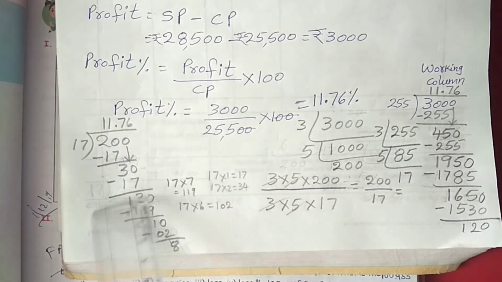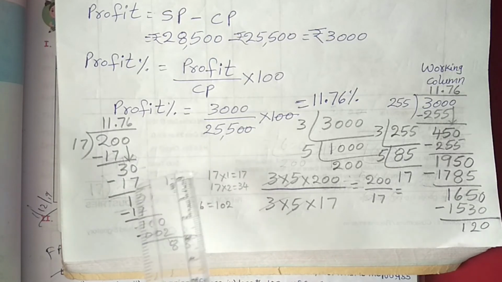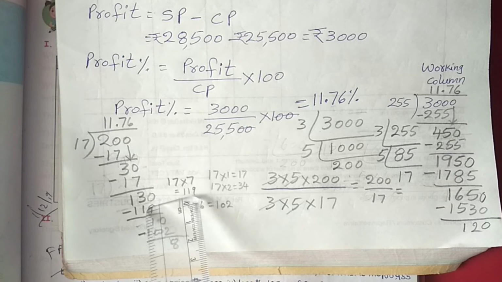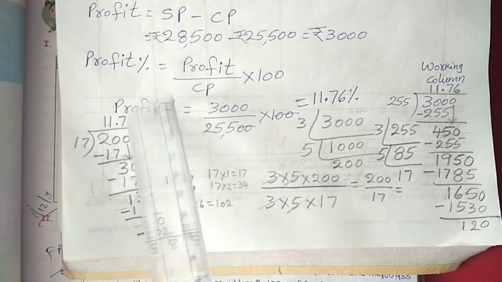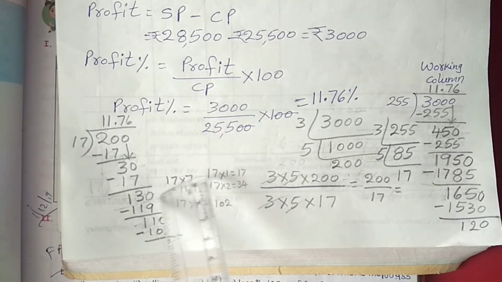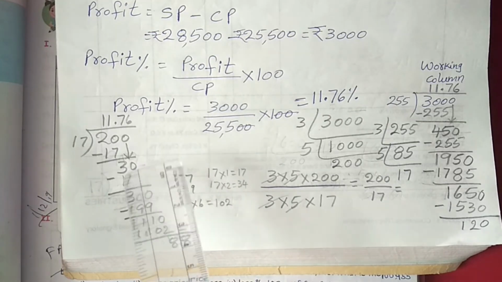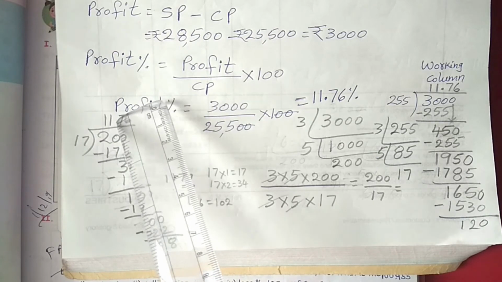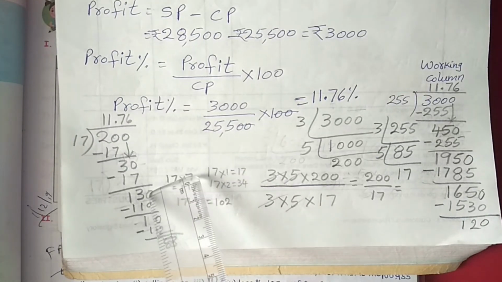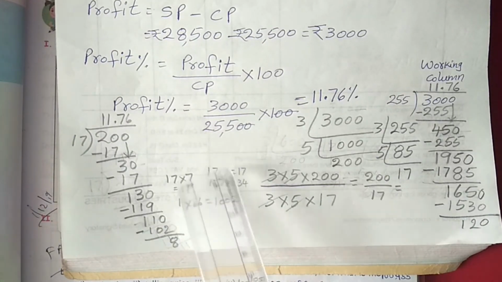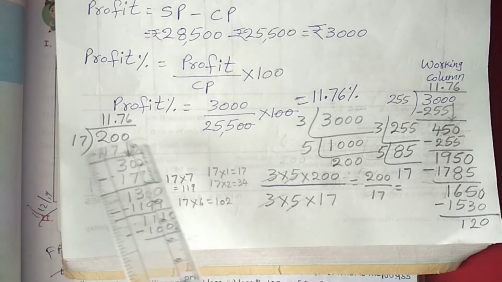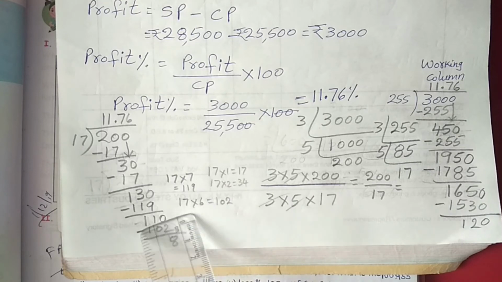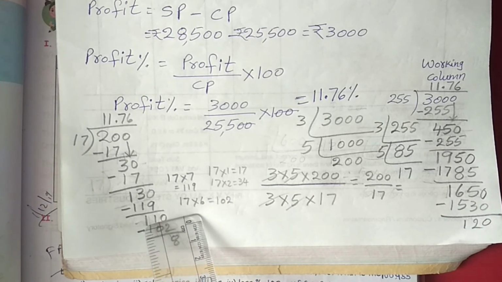Again 17 ones are 17. 30 minus 17 is 13. Then put the point over here and add the 0. Now here 17 sevens are 119.